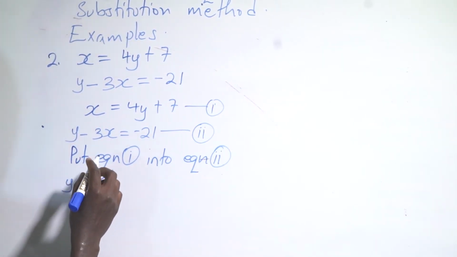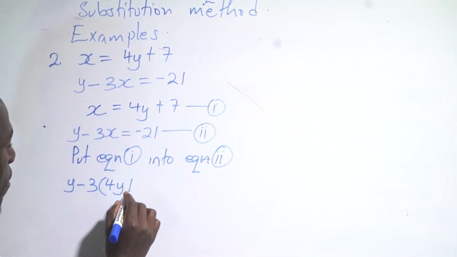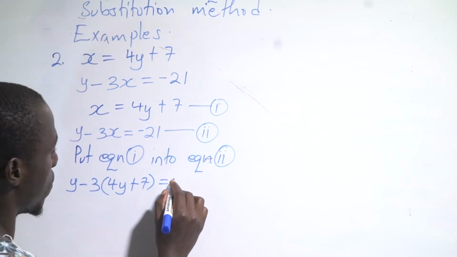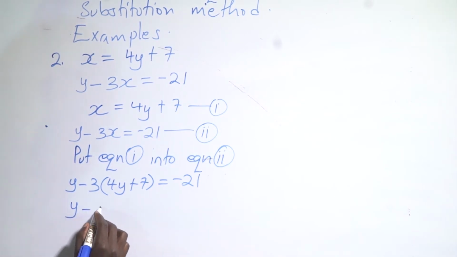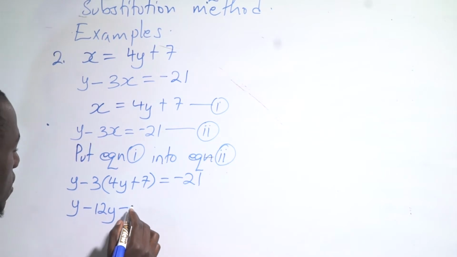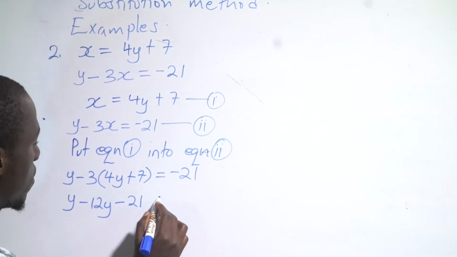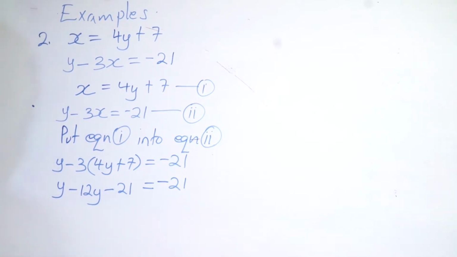So where there is the x, I'm going to put the 4y plus 7 is equivalent to negative 21. Now I can simplify, opening the brackets, that is negative 12y, that is negative 21 is equivalent to negative 21.